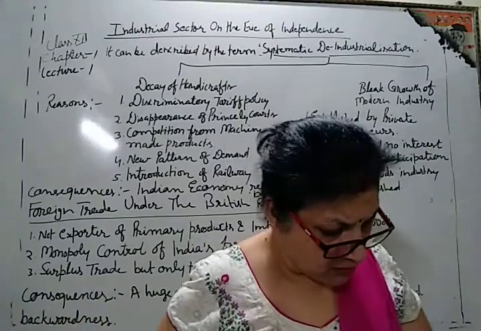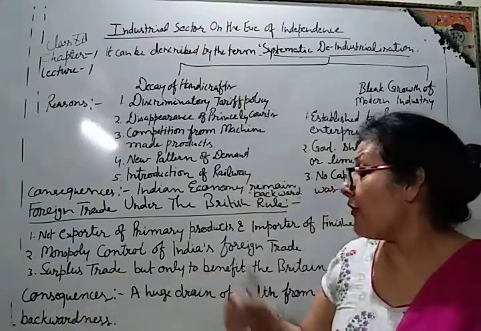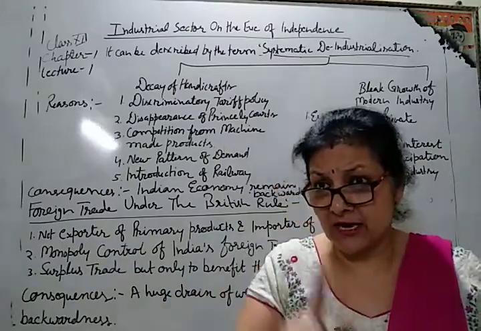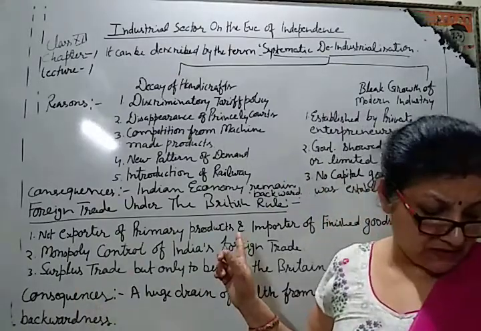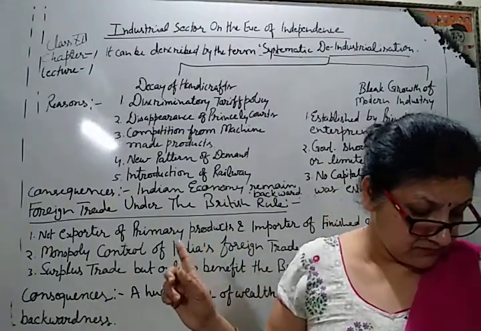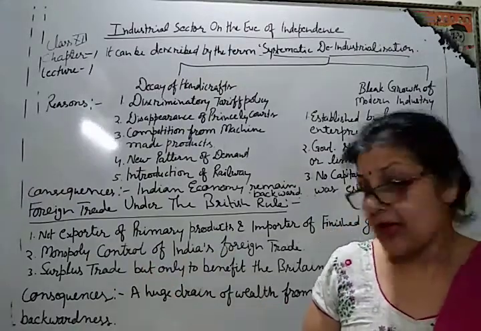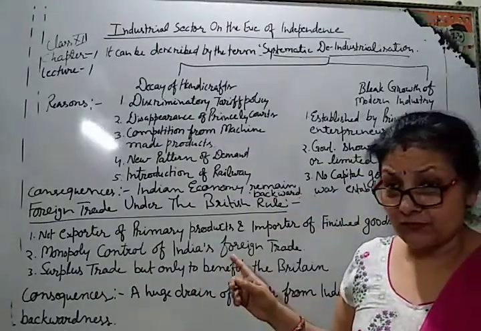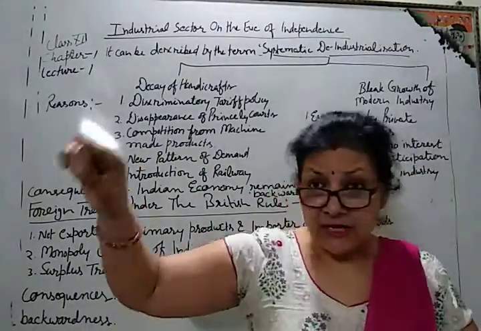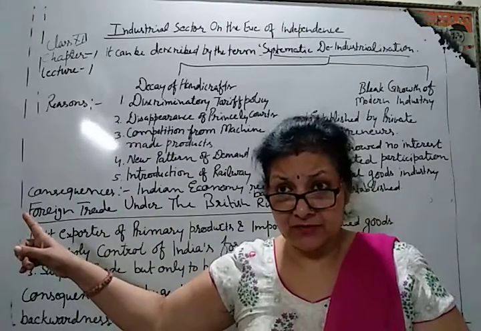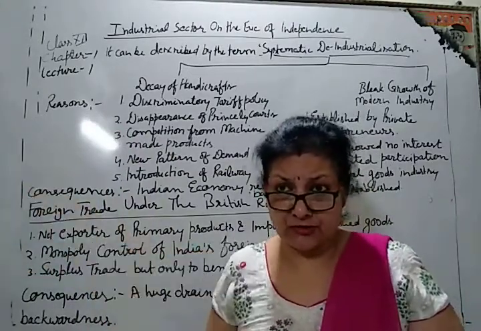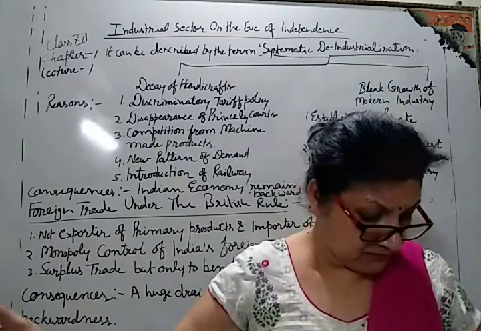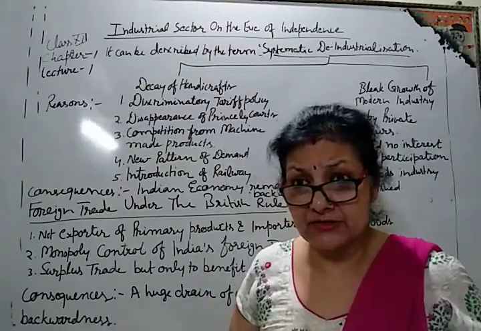And due to this monopoly, more than 50% of India's foreign trade was directed only to Great Britain. Clear? And as I told you earlier, exports of primary products from India supplied input to the British industries, and import of finished goods to India expanded market for British industries.